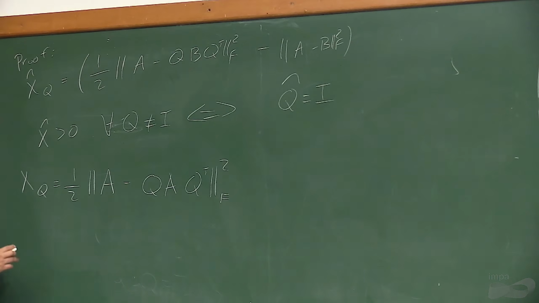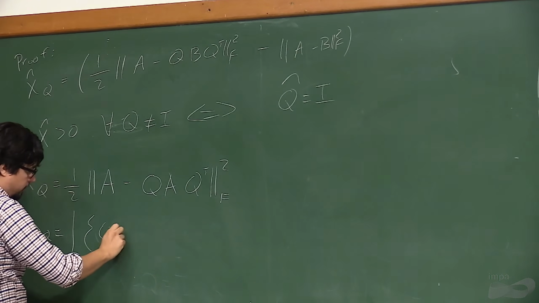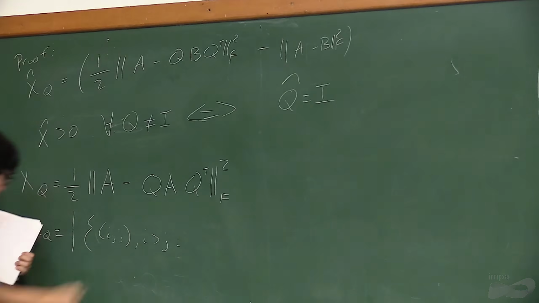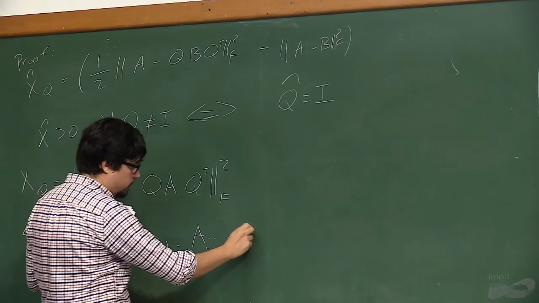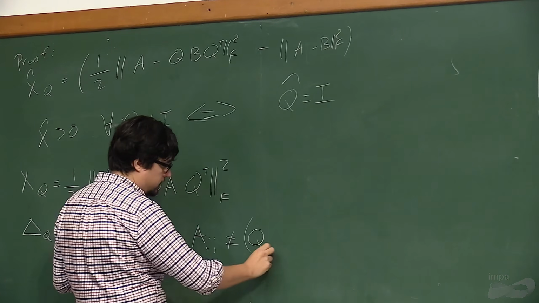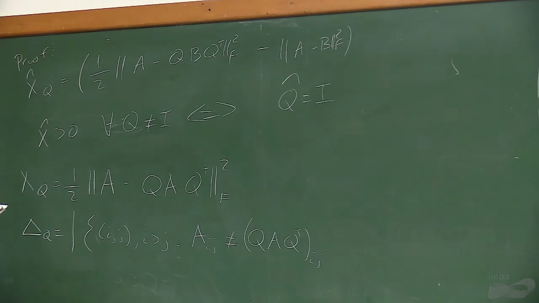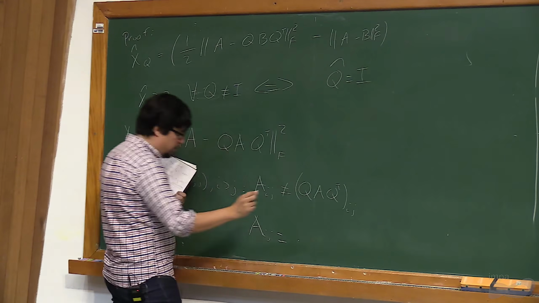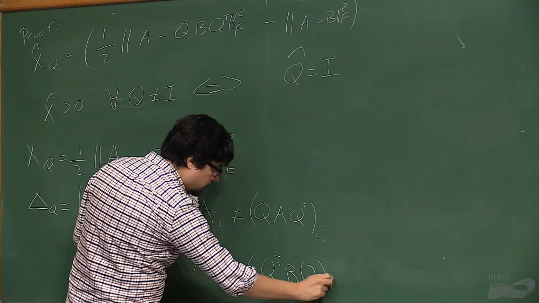And in order to look at the difference between these two quantities, I'm going to define delta Q, which is the set of edges, or the set of node pairs in the network, i greater than j, such that A is different from the permuted version of itself, QAQ transpose, on the edge ij, and that Aij is equal to Q transpose BQ ij.